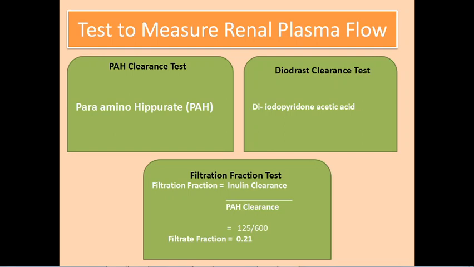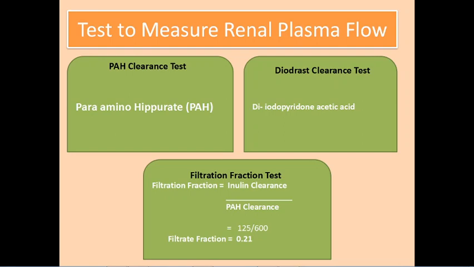At low blood concentration, that is 2 milligram or less than 2 milligram per 100 ml of plasma, PAH gets removed completely during a single circulation of blood through the kidneys. Thus, the amount of PAH in urine becomes a measure of the volume of plasma cleared of PAH in a unit of time. In other words, PAH clearance at low blood level measures renal plasma flow.